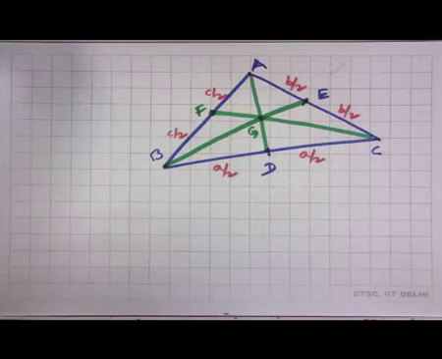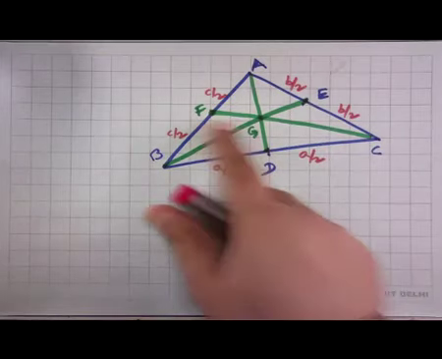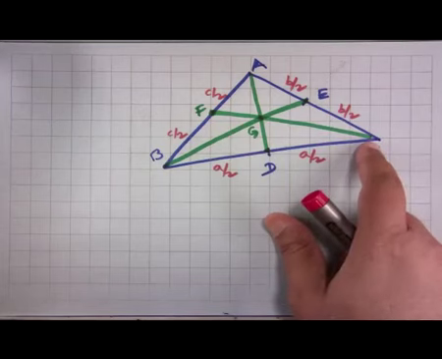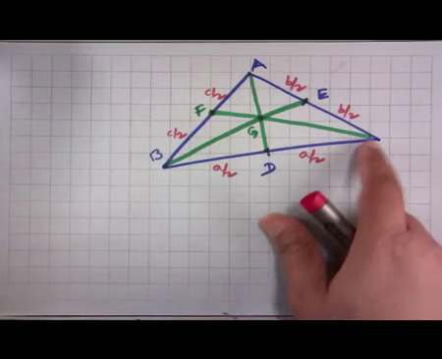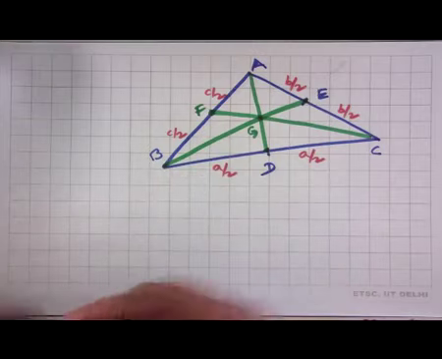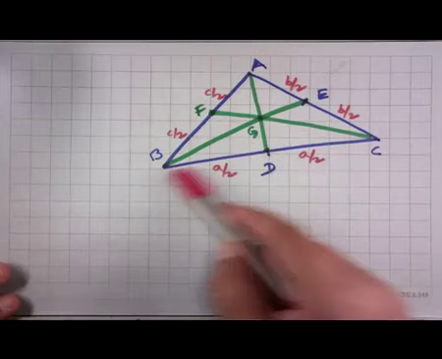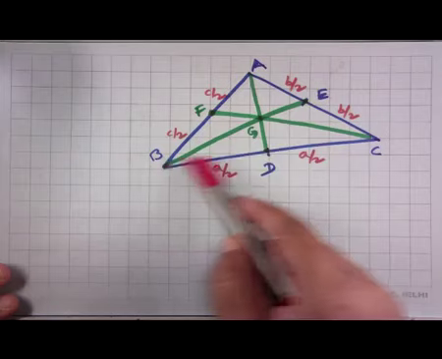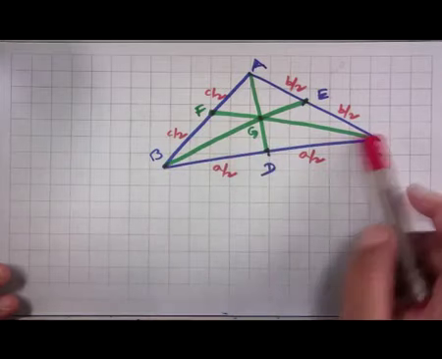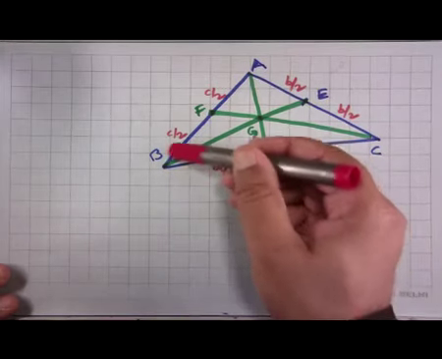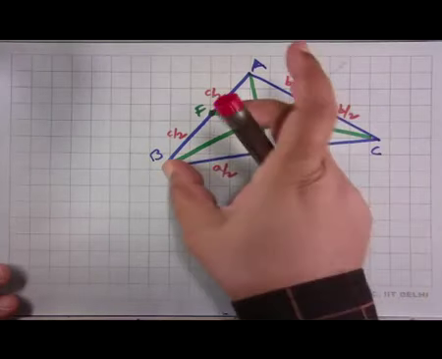So, we know that this median FC is a part of the triangle CFB. So, we can visualize this triangle CFB. In the triangle CFB, we already know that this angle is B. Further, these two lengths are already known.